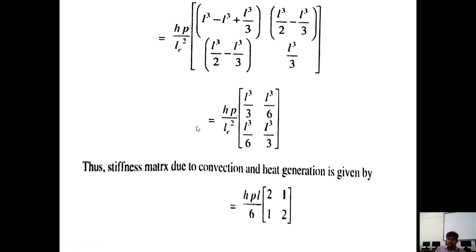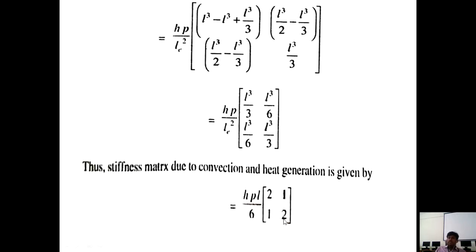Wherever it is x1, it becomes 0, wherever it is x2, it becomes L. Simplifying this and taking 6 as a common factor, the final stiffness matrix for convection at both the ends is HPL by 6 into [2, 1; 1, 2].